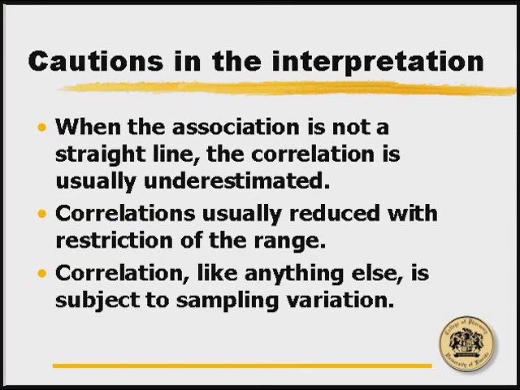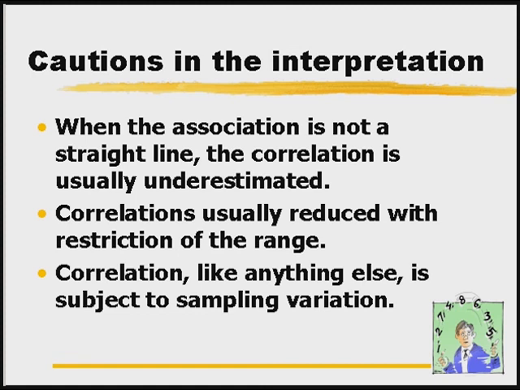Third, when the association is not a straight line, that is to say, it might be curvilinear, it might be S-shaped, or other types of distribution, the correlation is usually underestimated, particularly if you would use something that is linear versus something which is non-parametric, like the Spearman's rho or the point biserial and so forth.